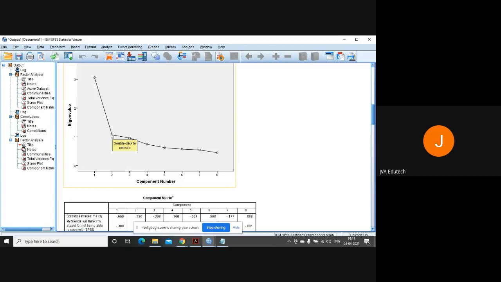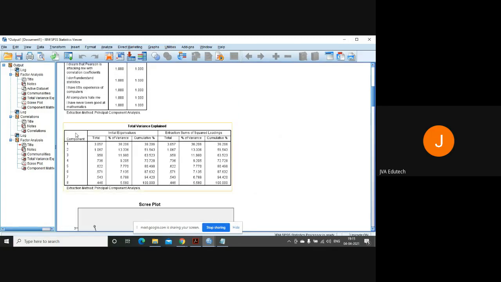You can see that after two there is an inflection, right? Number one, cross-validate with the eigenvalues. I already told you that we should take only those components which have eigenvalues more than one. After the second one, you can see the eigenvalues are less than one.